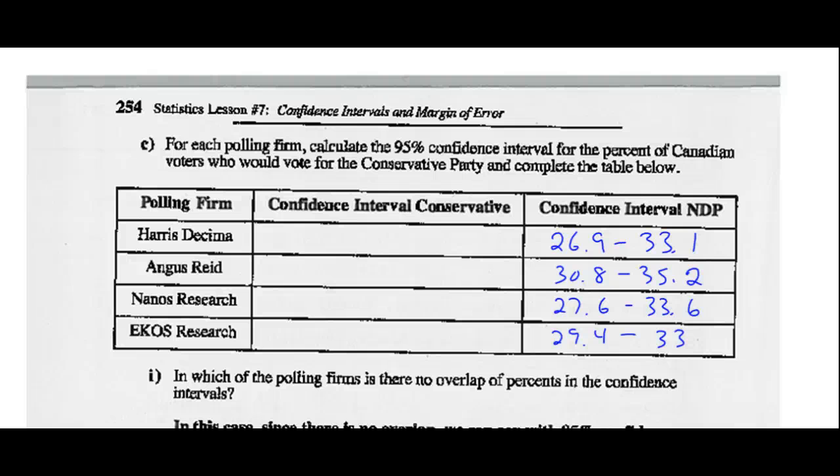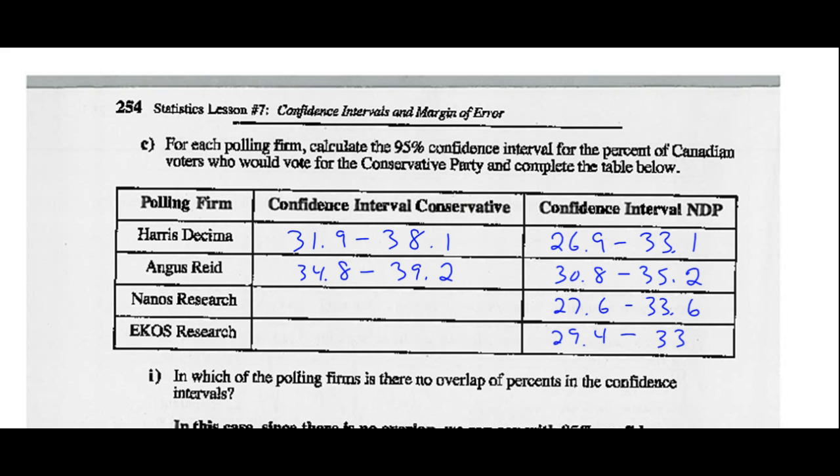For the Conservatives, with Harris Decima, 35% voted for the Conservatives with a plus or minus 3.1 margin of error. So that should have been 31.9 to 38.1. Angus Reid had a 37% Conservative with a plus or minus margin of error of 2.2. So that would have given us 34.8 to 39.2.